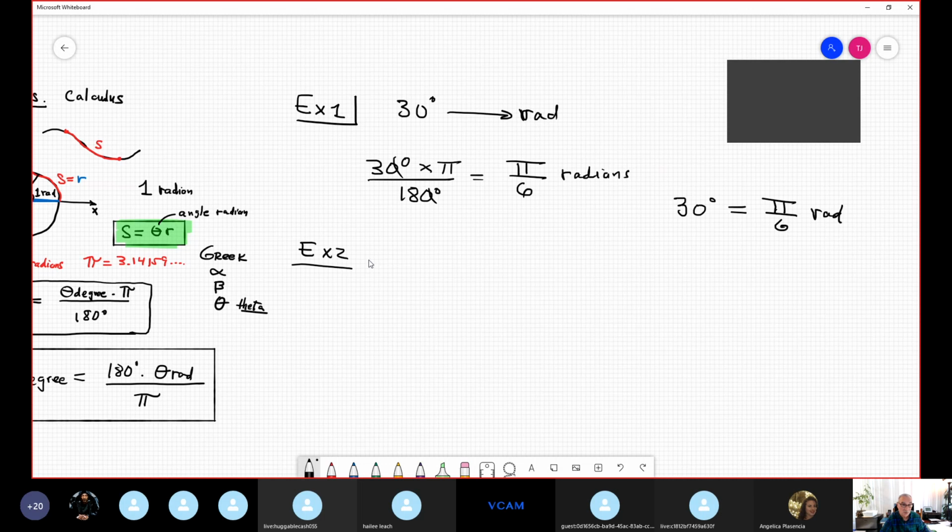Example 2, 90 degree. Convert to radian. Using the formula, multiplication by pi and divided by 180. 90 degree times pi divided by 180. You know, divided by 90 is 1, divided by 90 is 2. Pi over 2. Pi over 2 radians is equal to 90 degree.